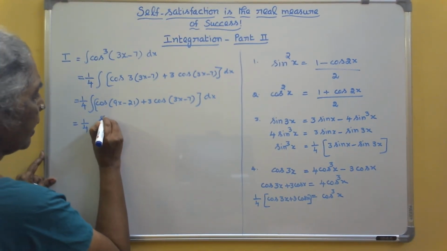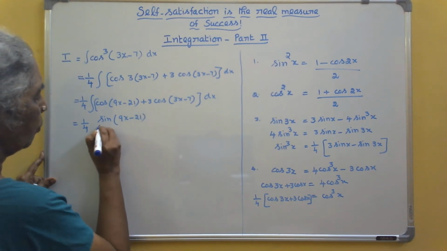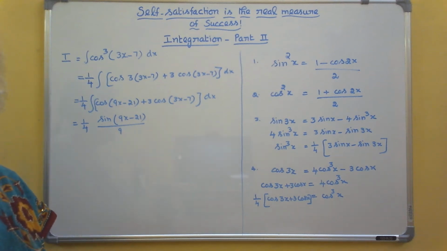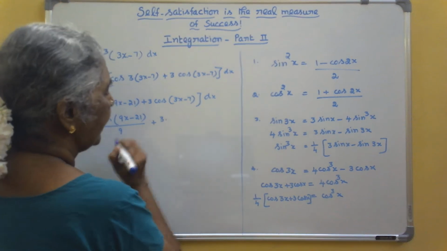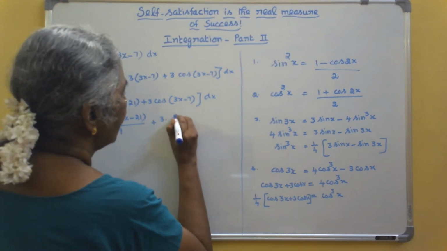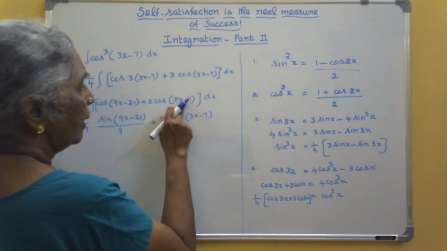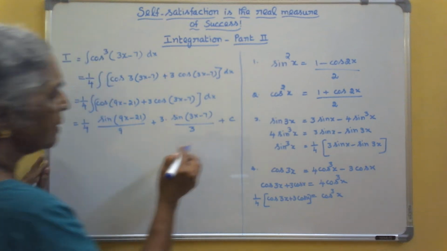You will get sin 9x minus 21 by 9, because the coefficient of x is 9, right? Then plus 3. For this again you will get sin 3x minus 7. Here the coefficient is 3. So by 3 plus c.